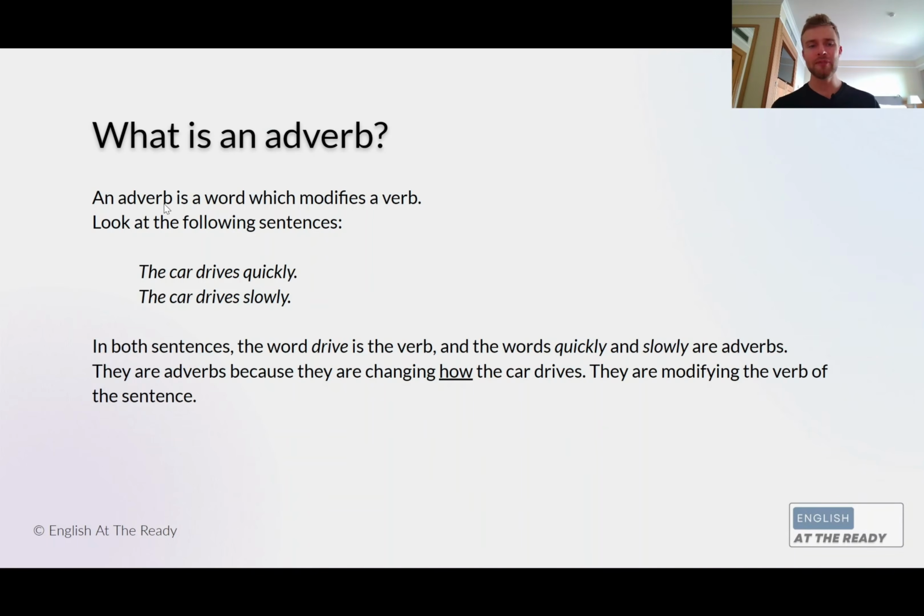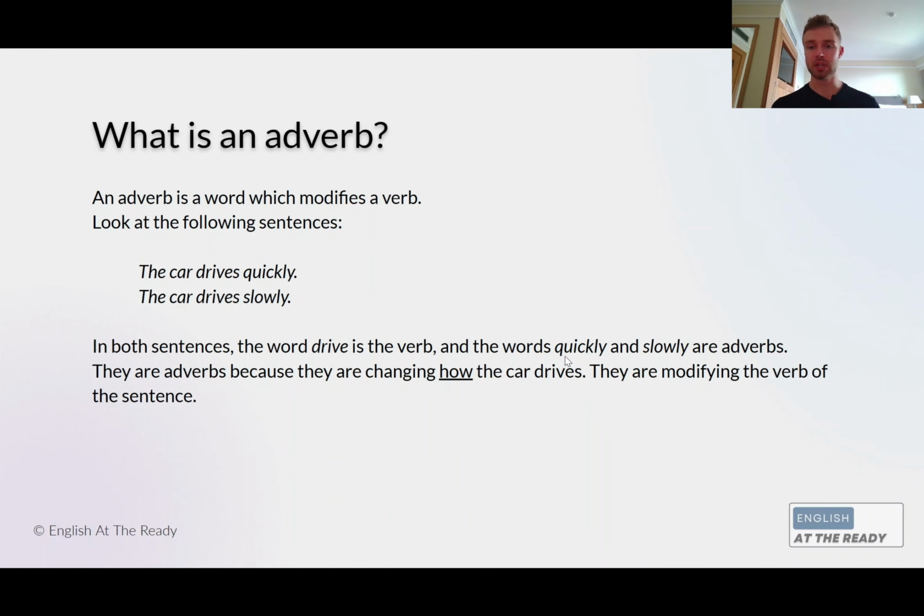Essentially, an adverb is a word which modifies a verb. I want you to look at these two sentences. The car drives quickly, and the car drives slowly. The only difference between them is obviously these two words. Now, in both sentences, the word drives is the verb, okay, to drive.